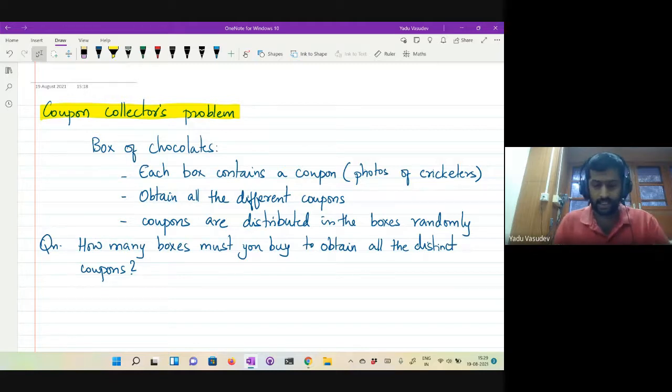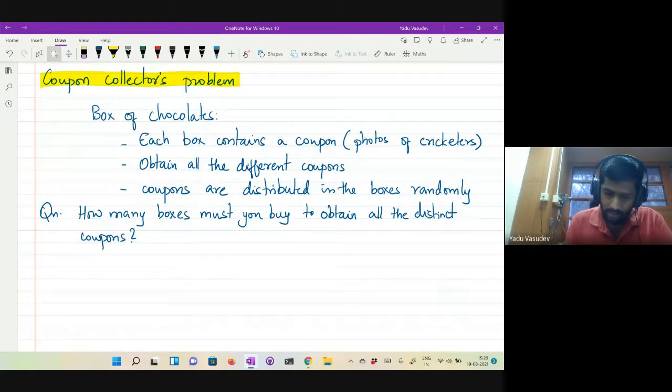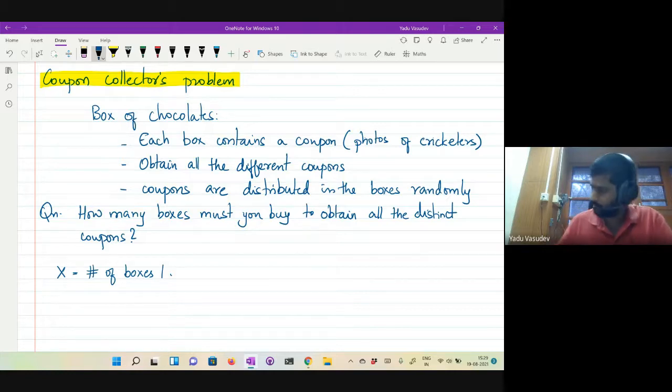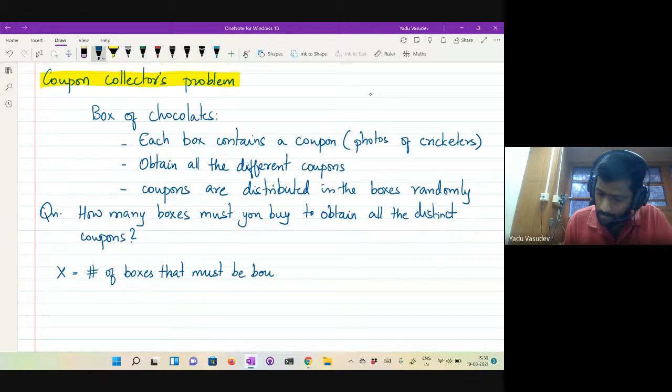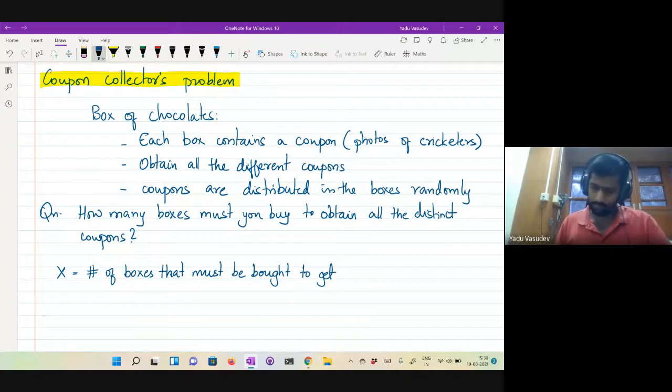Okay. So let's try to study this problem, right? What we are interested in is this random variable X, which is the number of boxes that must be bought to get one copy of each coupon.